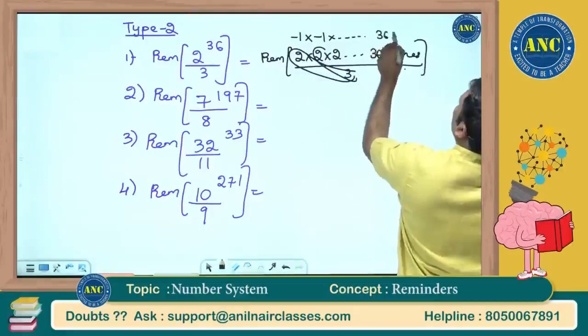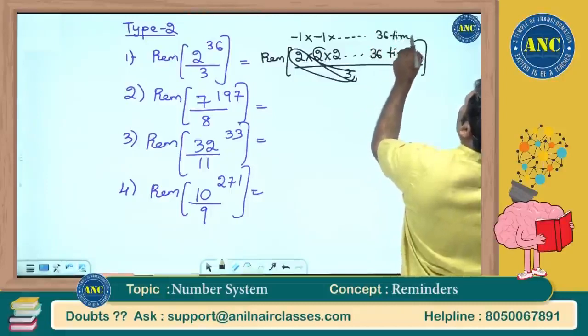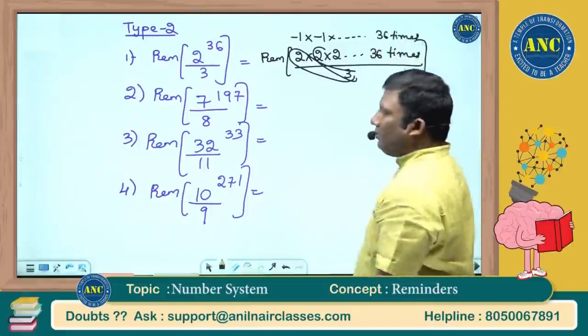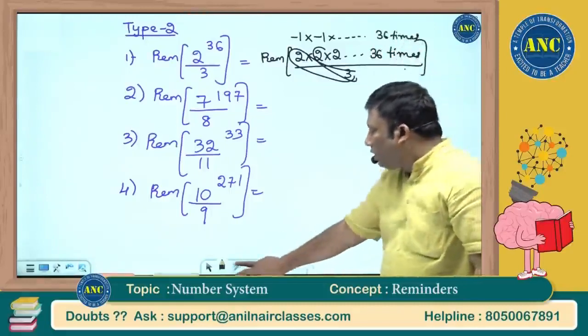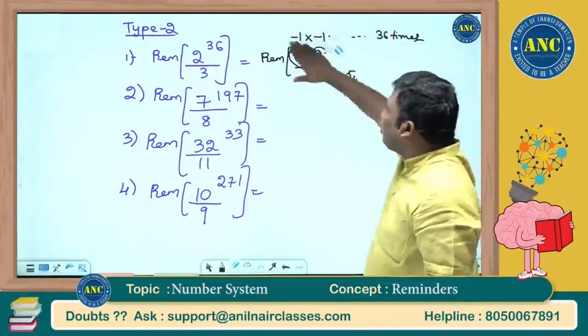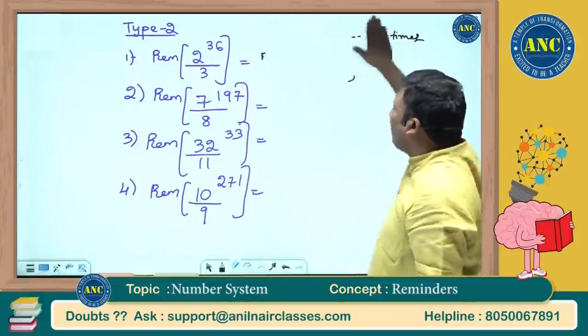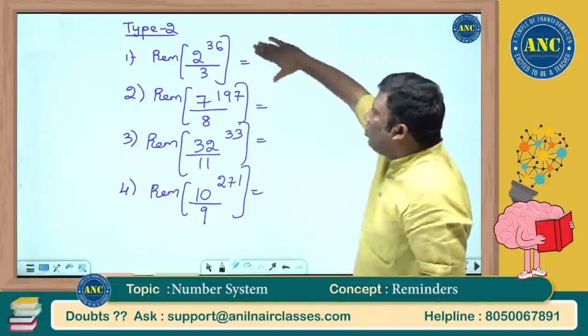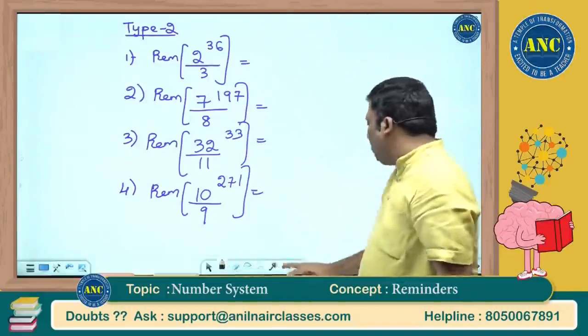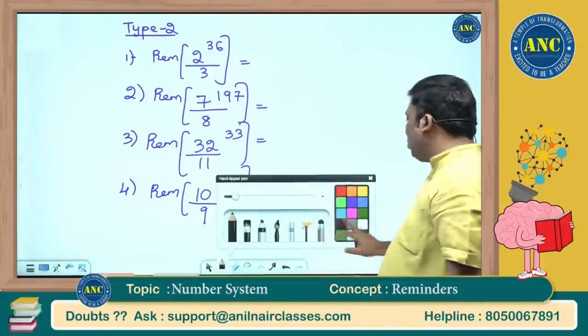Minus 1, minus 1, minus 1: it is the negative remainder 36 times. You don't need to write like this and waste your time writing 2 power 4 as 2 into 2.